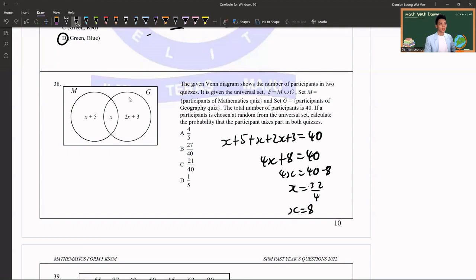X is 8. So in other words, here will be 13. 2 times 8 plus 3 is 19. So the probability that the participant takes part in both quizzes means 8 out of the total 40. Simplify, 1 over 5. Answer D.